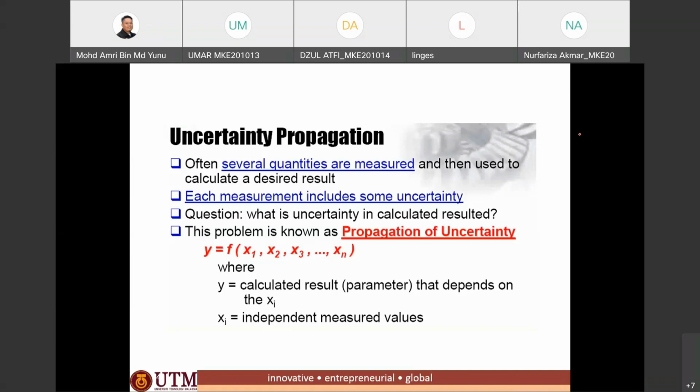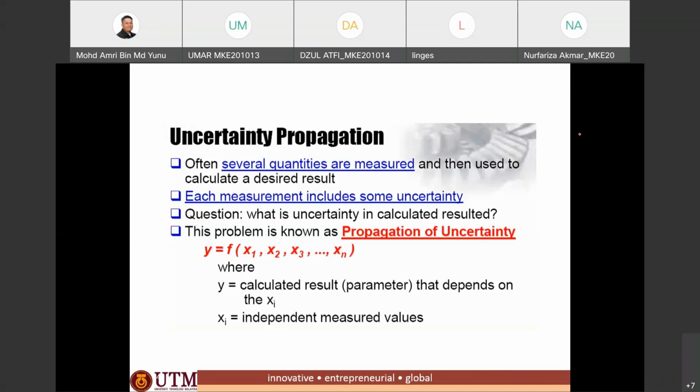Each quantity has its uncertainty, so we need to include the uncertainty for each quantity into our measurement. This is called the propagation of uncertainty.